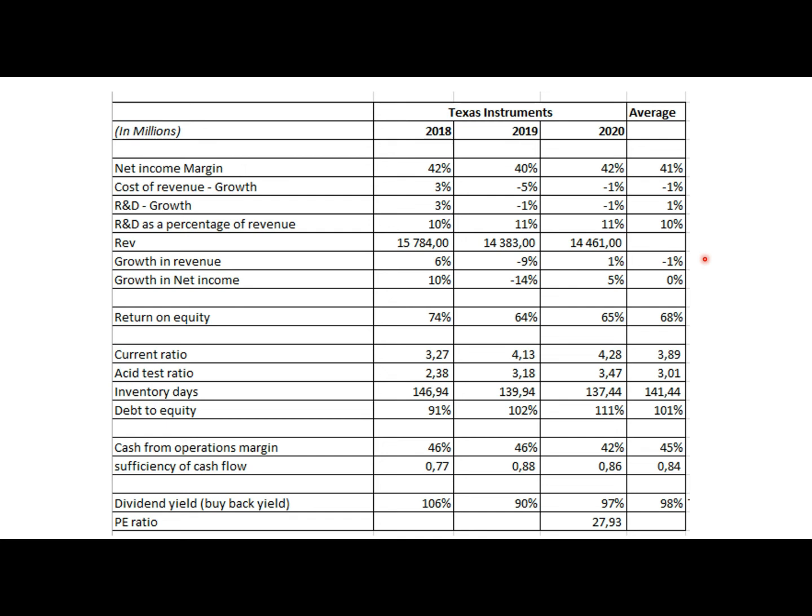But revenues have been slowing down even pre-COVID. So it is a bit worrying. However, profitability has been protected, but the slowdown in revenue and net income is a bit worrying.